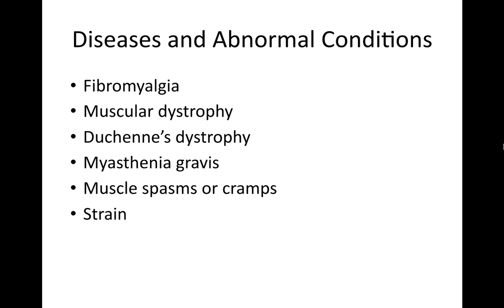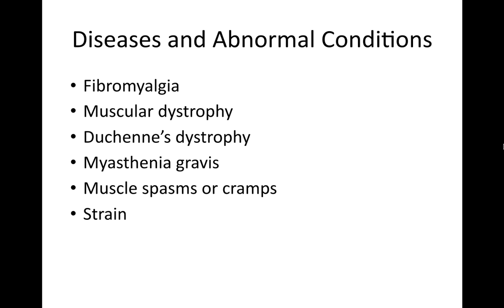So we'll get into diseases and abnormal conditions. So there's only 6 of them that I really want you to know. So this is going to be your assignment that comes out of this video. And this is what we're going to be presenting on Monday.